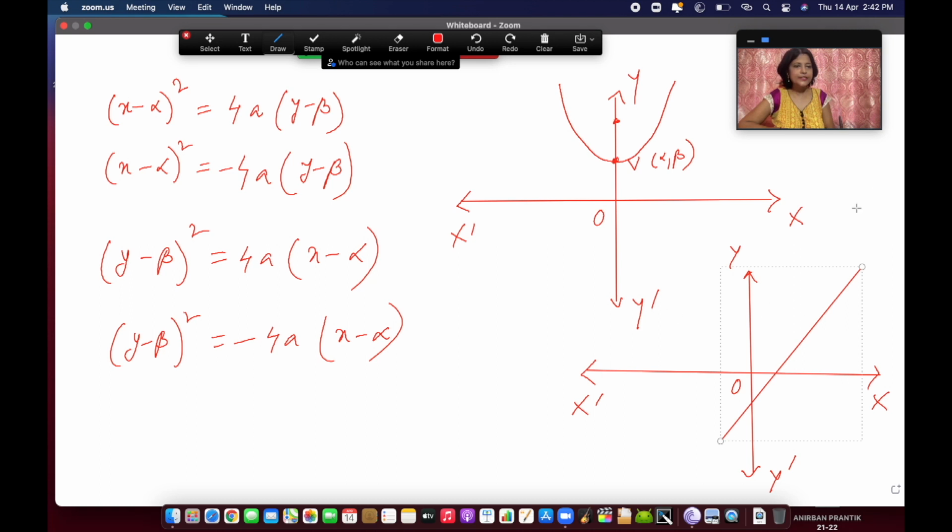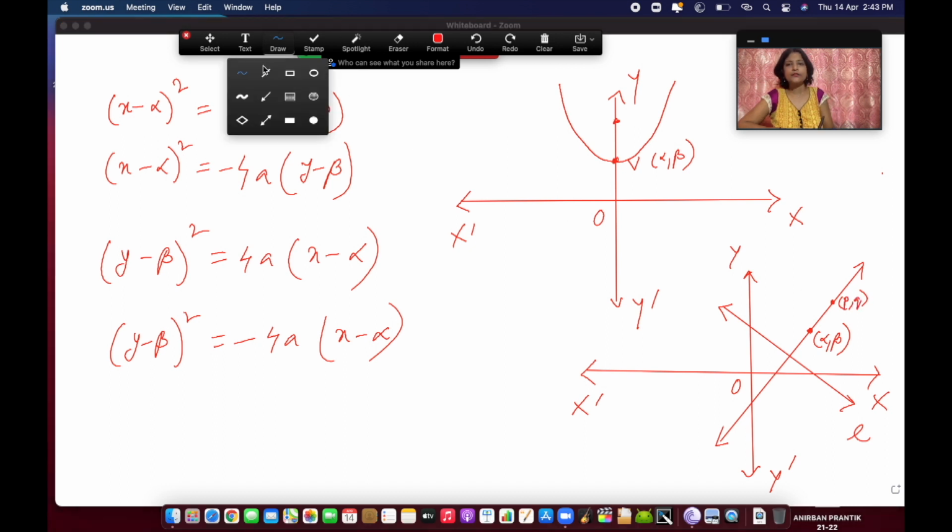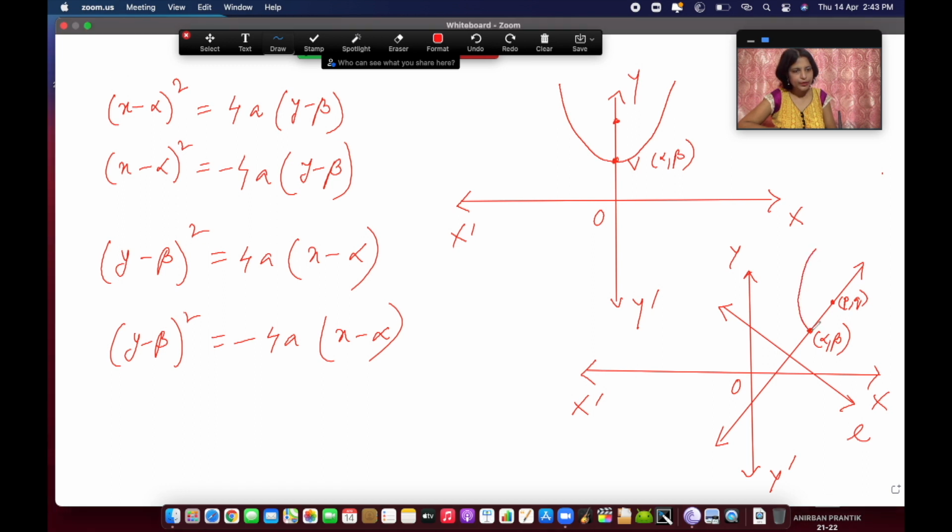In that case, the directrix has to be the line perpendicular to the axis of the parabola in every case. So this is suppose the directrix L, and this is the axis of the parabola, and if the vertex is the point alpha comma beta here, focus is any other point here, suppose P comma Q, and the curve will look like this, which will be symmetrical about the axis of the parabola.